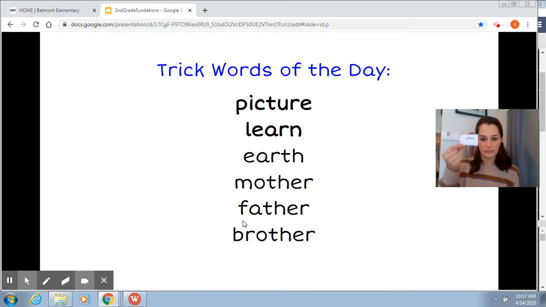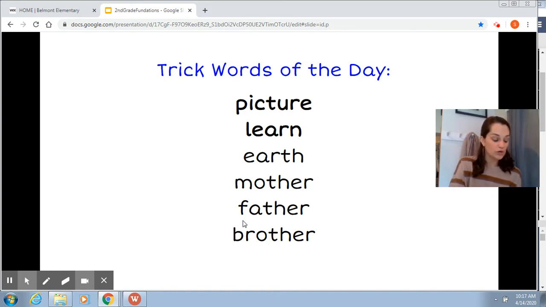Then we also have the word learn. Repeat. We all know learn means to gather new information and let it soak into your brain, right? Those are the two words we're going to focus on today, and they will actually, hint, hint, be in your dictation sentence at the end of this lesson. So keep those in the back of your mind.